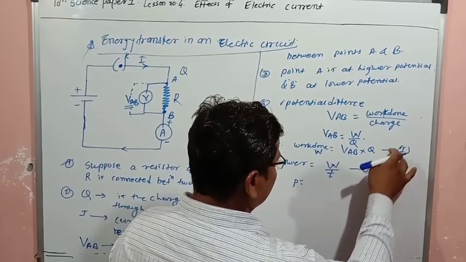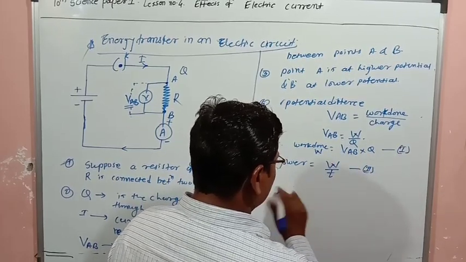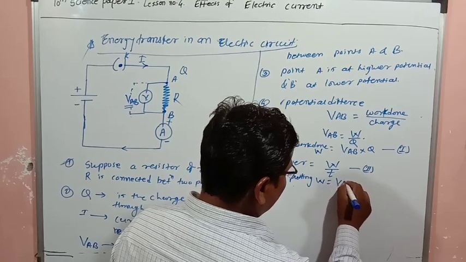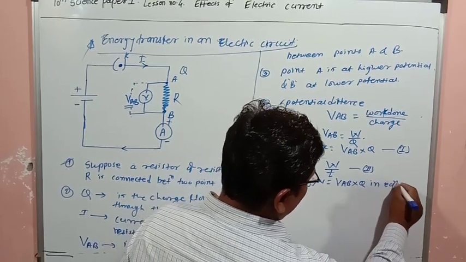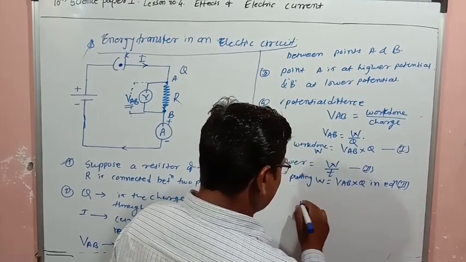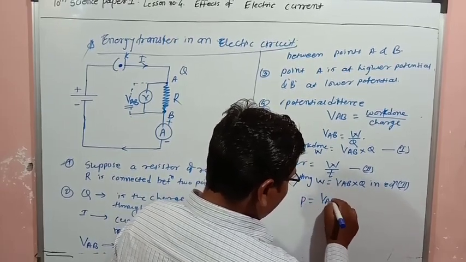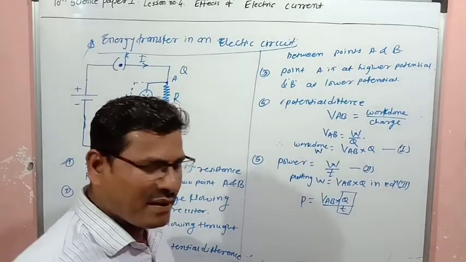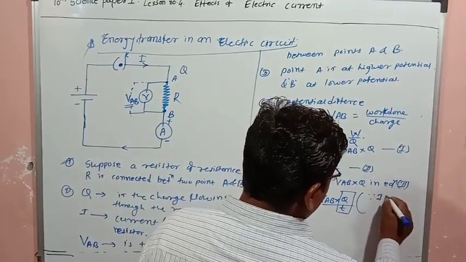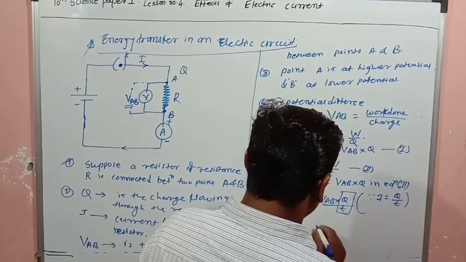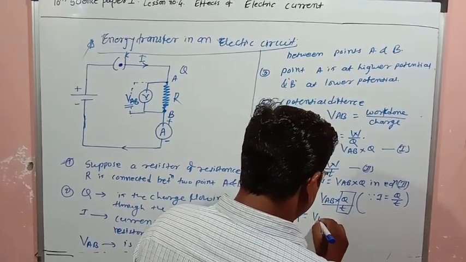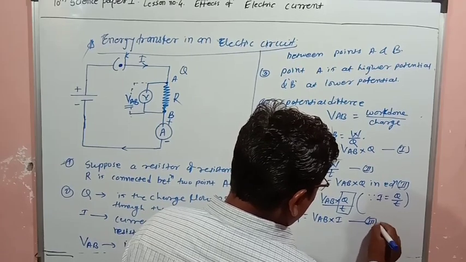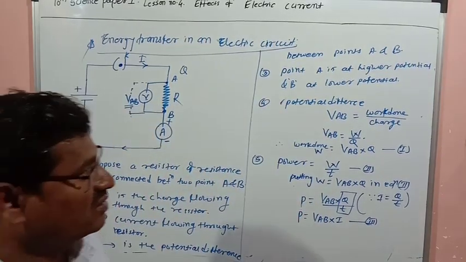From equation number 1, putting W is equal to VAB into Q in equation 2, we get P is equal to VAB into Q upon time T. But we know Q upon T is I, since I is equal to Q upon T. So P is equal to VAB into I, and suppose this is equation number 3.